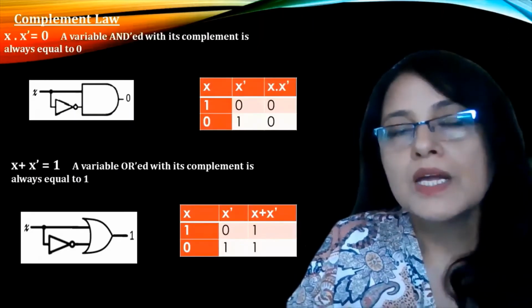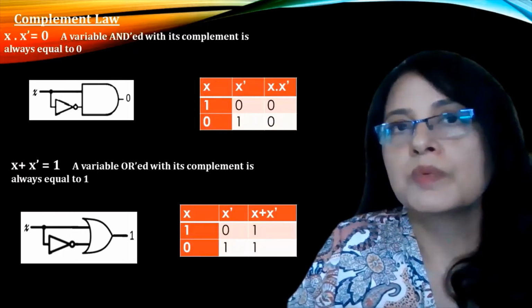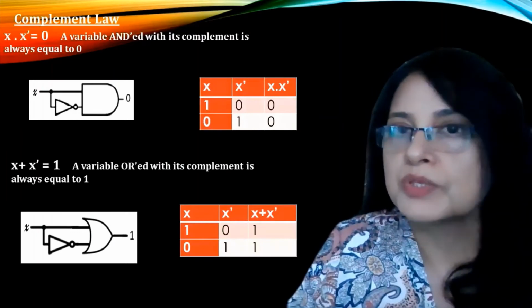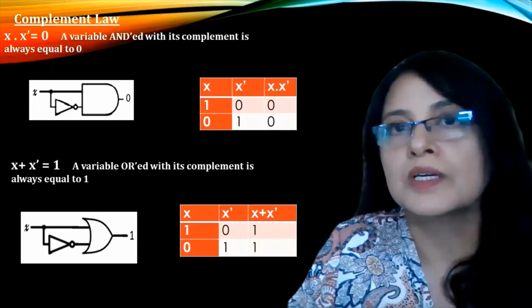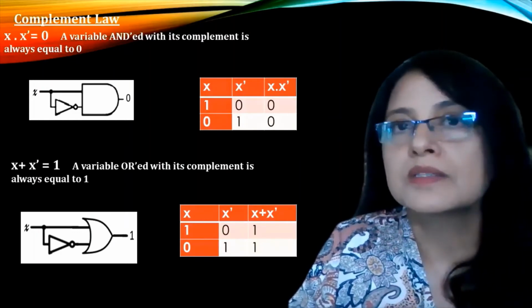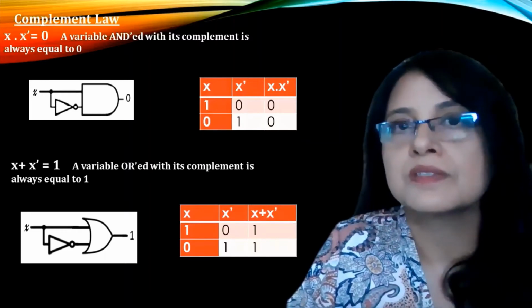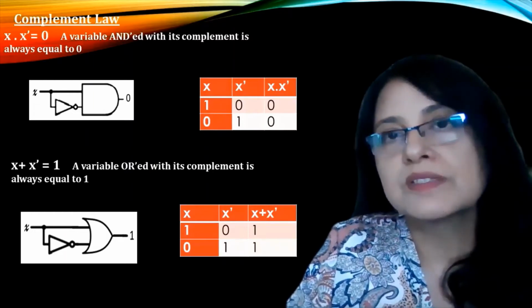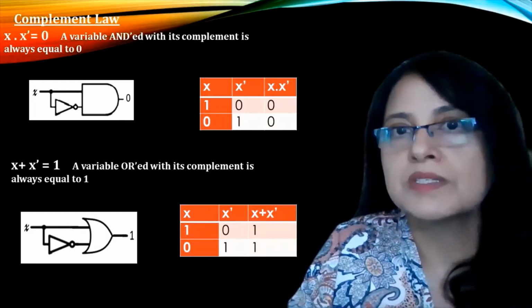Now we look at the complement law, where we say X dot X complement, basically the opposite of what it was. So if X is 1, then the complement of X is 0. This is basically applying the NOT. And if X is 0, then X complement is 1.